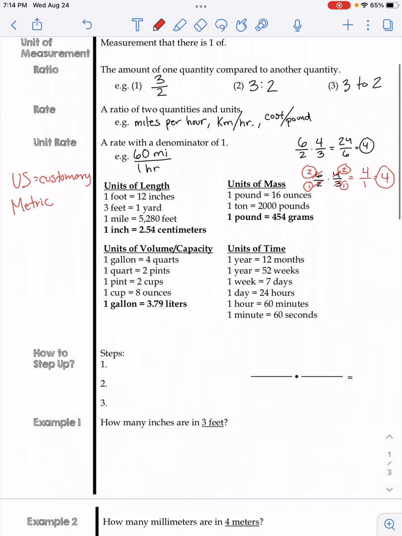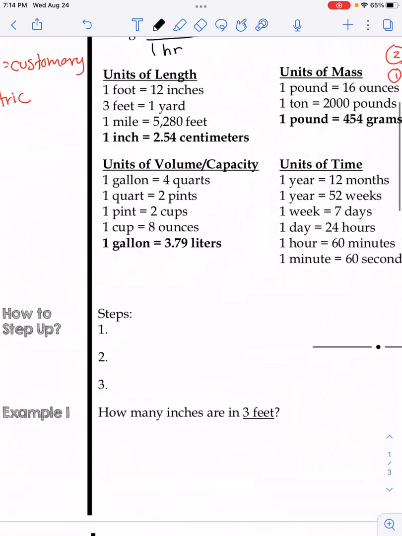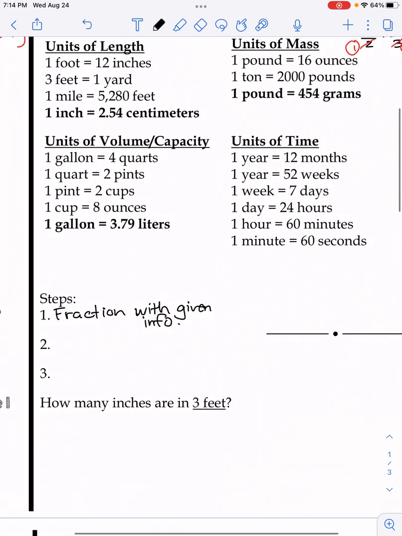All right, so how do we do this? We're going to set up a series of fractions. The first thing we're going to do is set up a fraction with the given info.